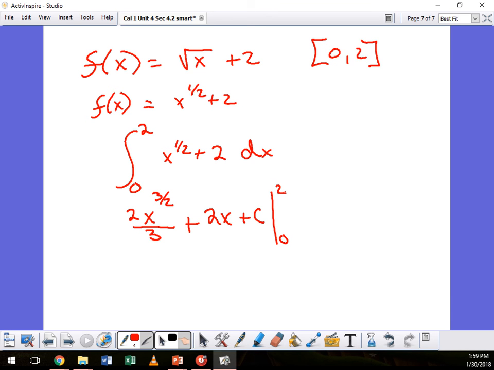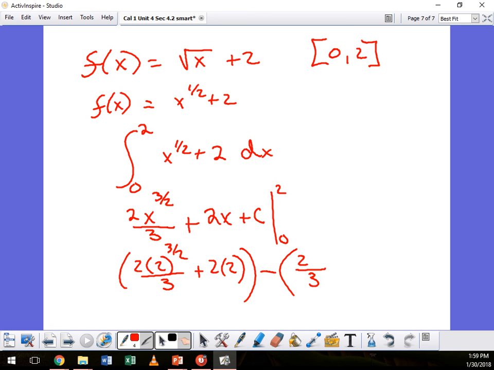So it's basically just going to be 2 times 2 to the 3/2 over 3, plus 2 times 2, minus the bottom, which is going to be 2 over 3 times 0 to the 3/2, plus 2 times 0.